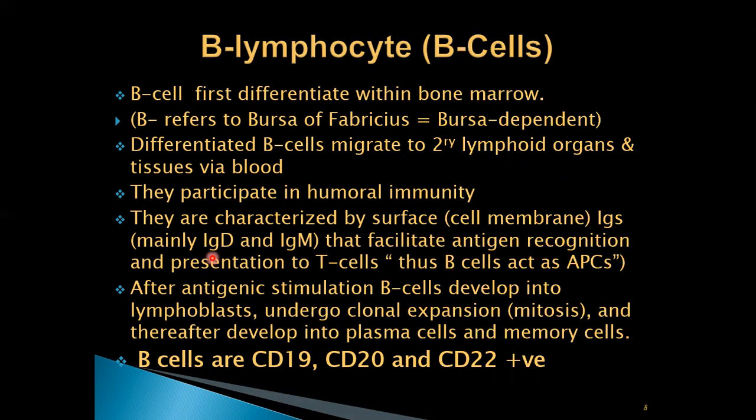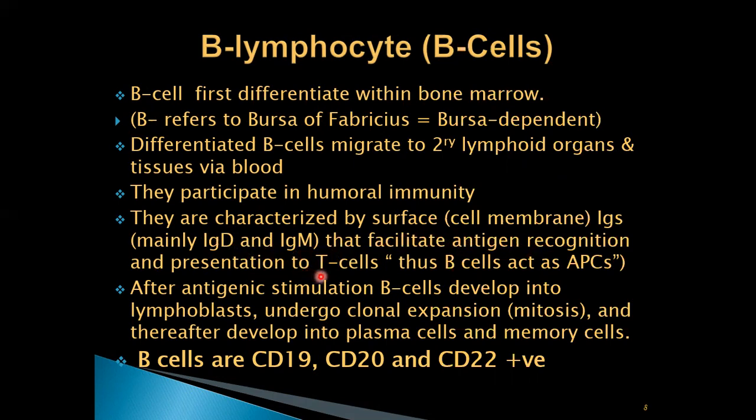And what is their function? They facilitate antigen recognition. Whenever some pathogen or antigen invades the body, with the help of these immunoglobulins they identify it and then initiate an immune response.